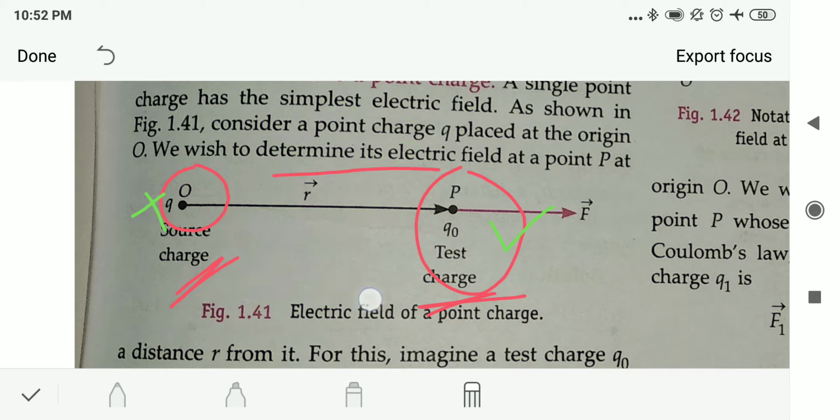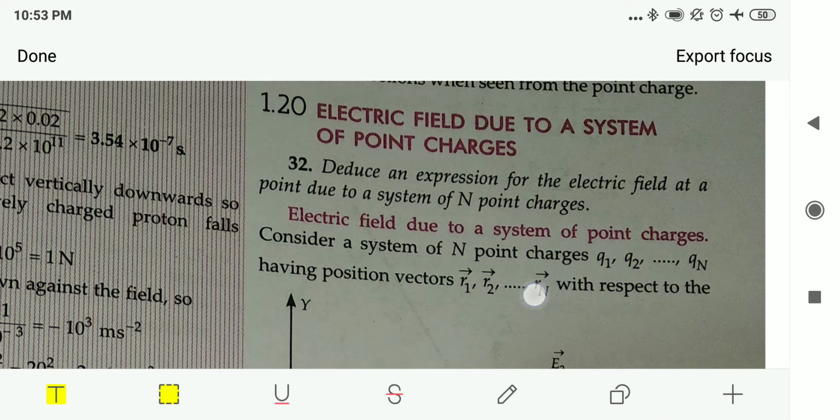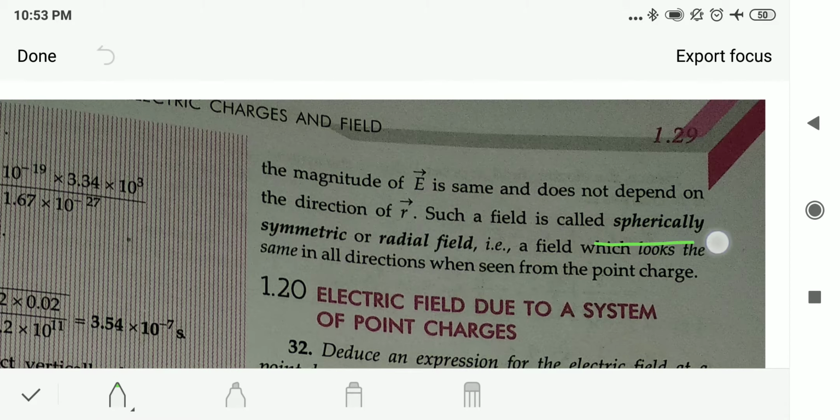The direction of the electric field depends on the direction of the force. Such a field is called spherically symmetric or radial field.